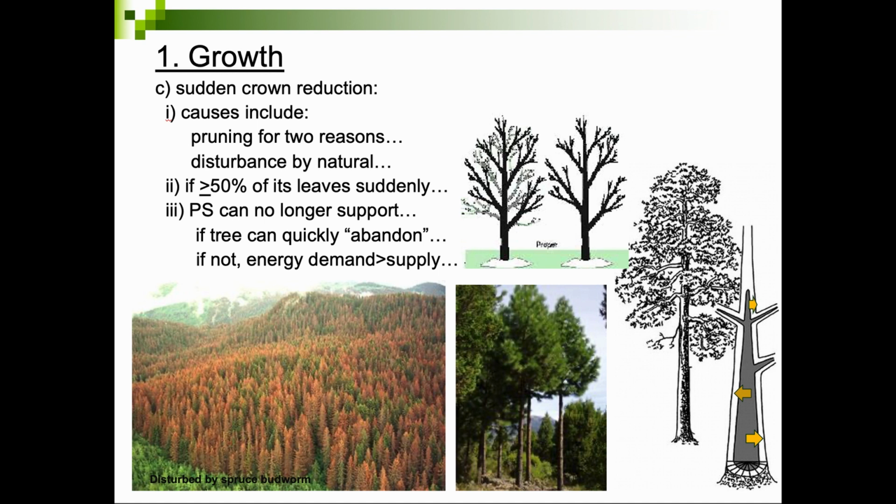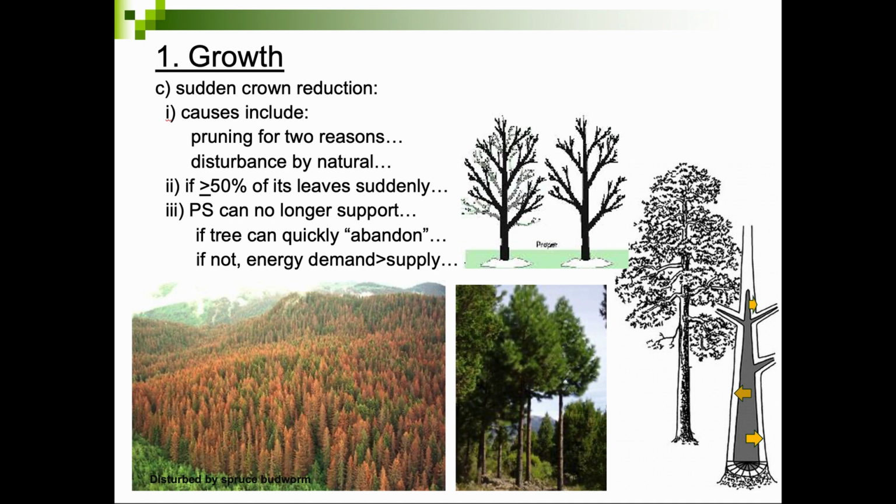And then you have human disturbances. For example, a forester is going to remove different branches in the individuals within his or her stand to allow more light in to increase primary productivity. So we have natural and then we have human reductions in crown size.